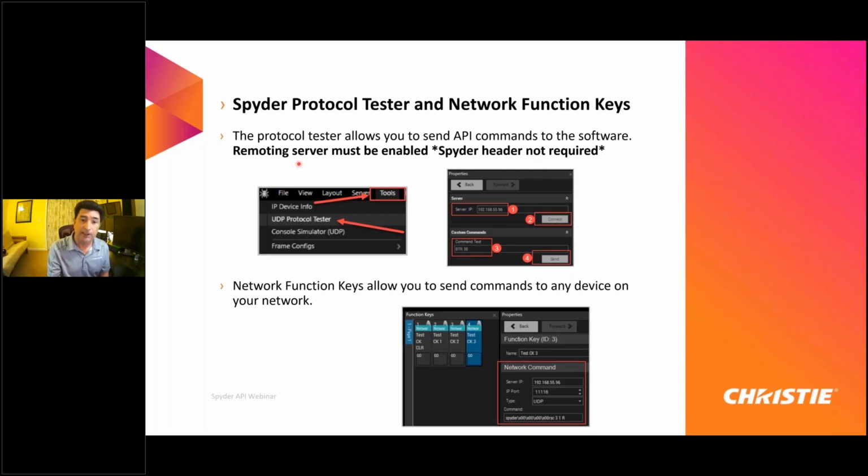That's located under Tools, and then UDP Protocol Tester, and that'll bring this up in your Properties panel, where you're going to type in the IP address of your Spyder, or in this case, the local IP address because we started that up locally. Connect to it, and then I can type in the command I want to execute and hit the send button, and the Spyder will do that command.